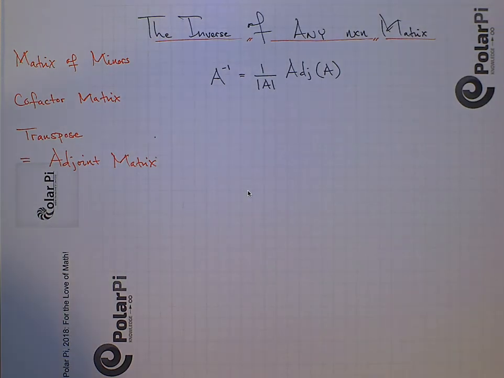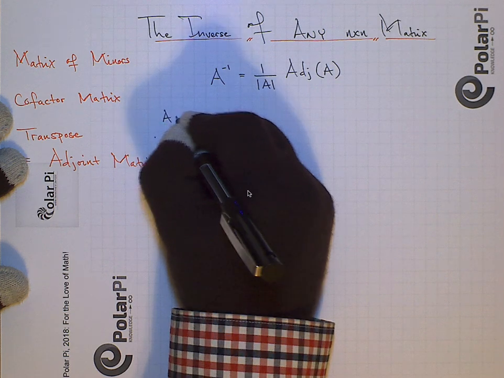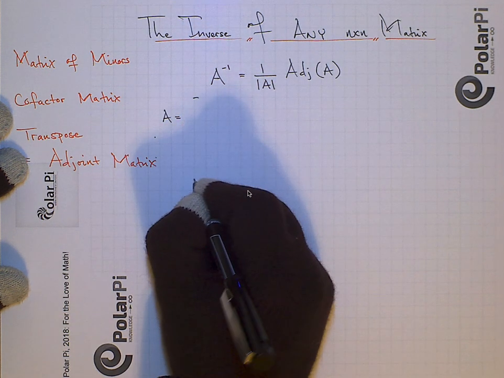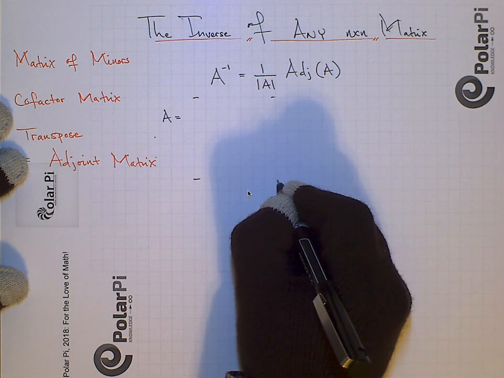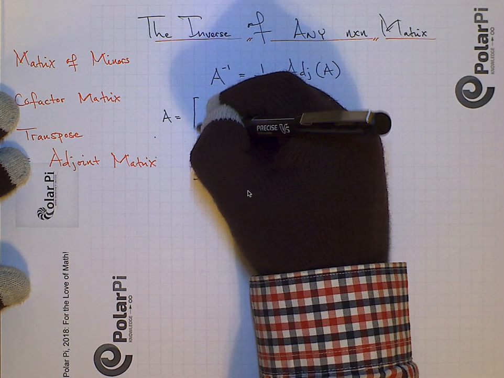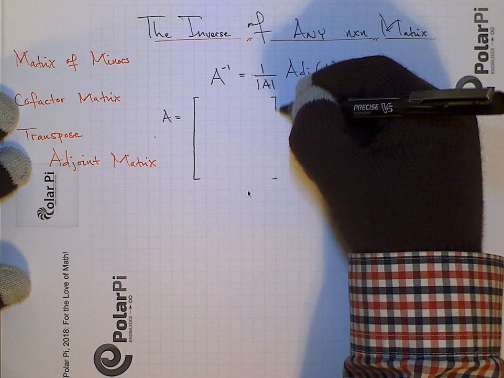So it turns out that if you have a matrix A that is n by n, let's say that the matrix A looks like this.